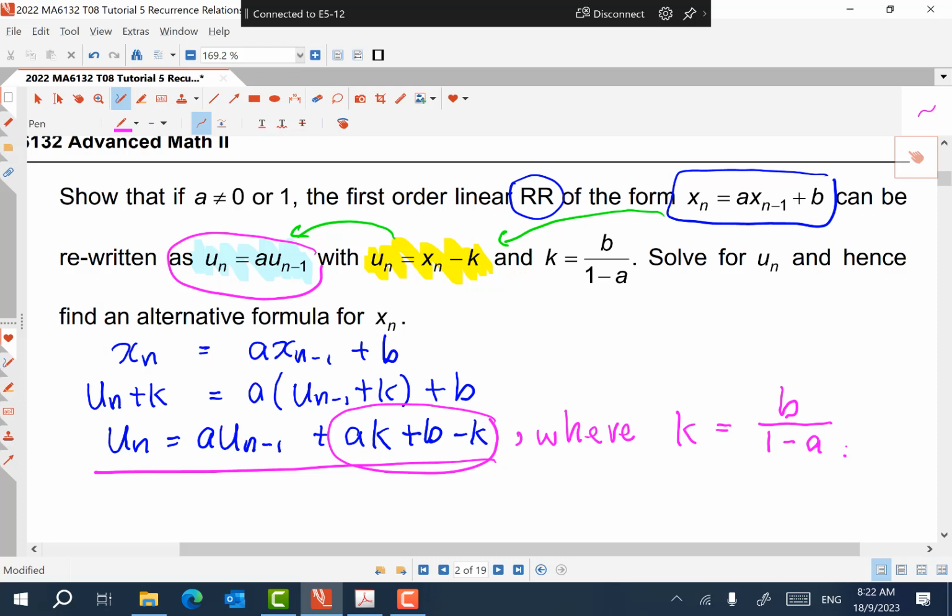Alright, so this part about rewriting is quite lame, right? We just simply rewrite, and we want the k to be like this.